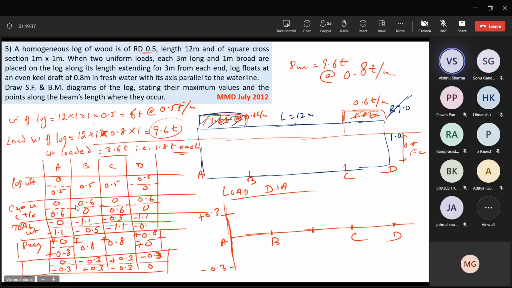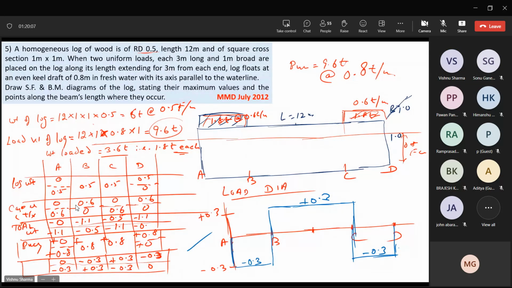From A, it goes to minus 0.3, then it remains minus 0.3, becomes plus 0.3, remains plus 0.3 up to C, then becomes minus 0.3, minus 0.3 and 0. This is minus 0.3, this is plus 0.3, this is minus 0.3. Do you agree with the load diagram, guys?